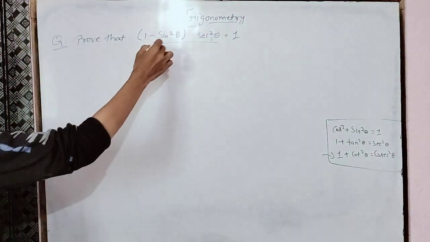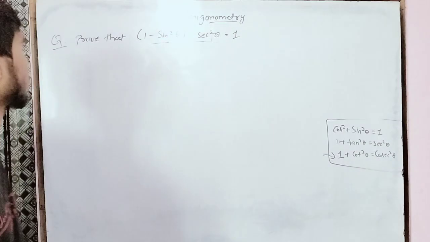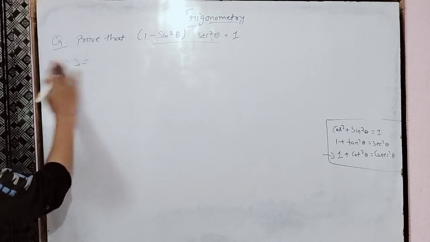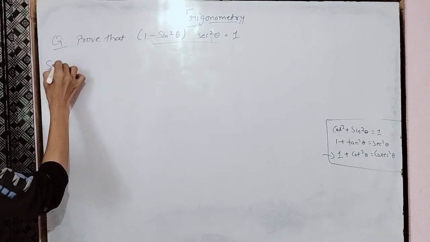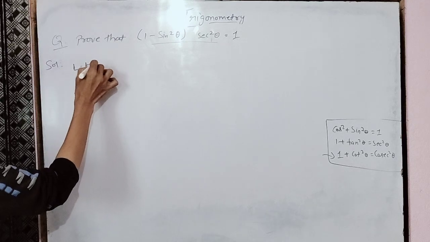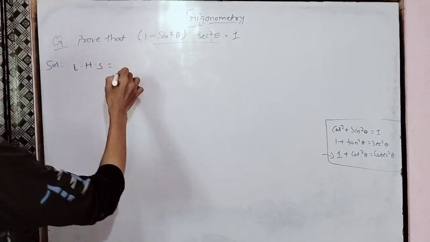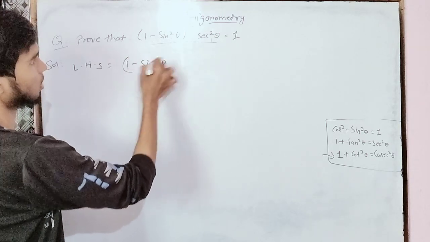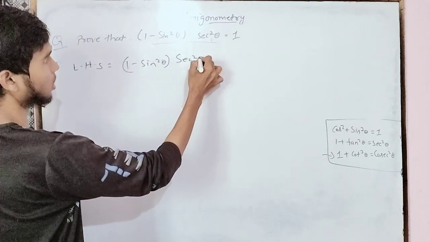When we will simplify this logically, then it will be equal to this. Let's see. So LHS, clear? LHS, how much? 1 minus sine square theta times sec square theta.